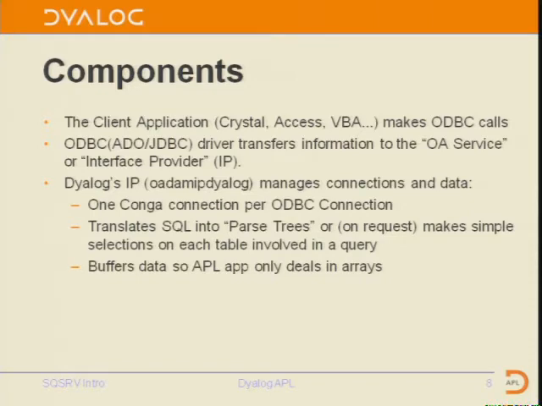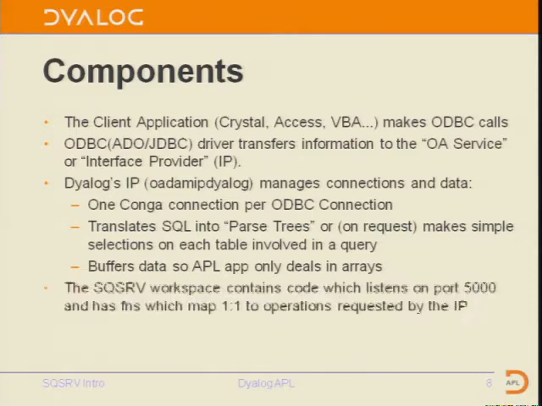And then we make a bunch of simple calls to the APL application. We're buffering data so that we don't call APL once for every record. We wait until there's a block of stuff. We accept a whole array back from APL, and then spoon feed the client side, which is a C application, and probably calling once for every column in every row. So we take care of all of that buffering.